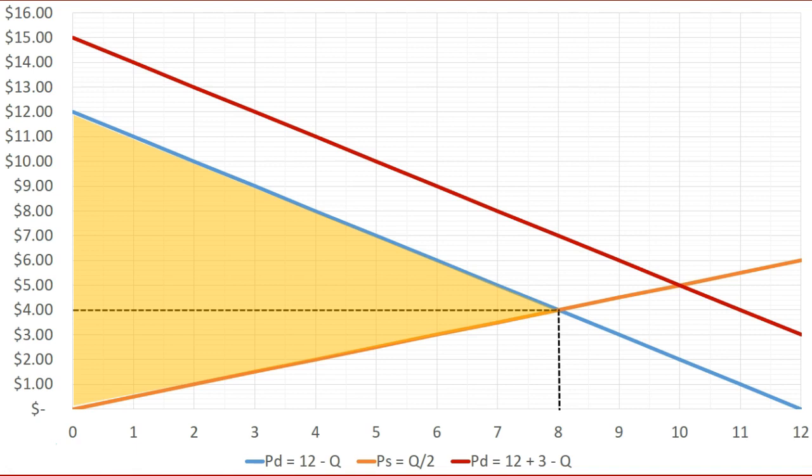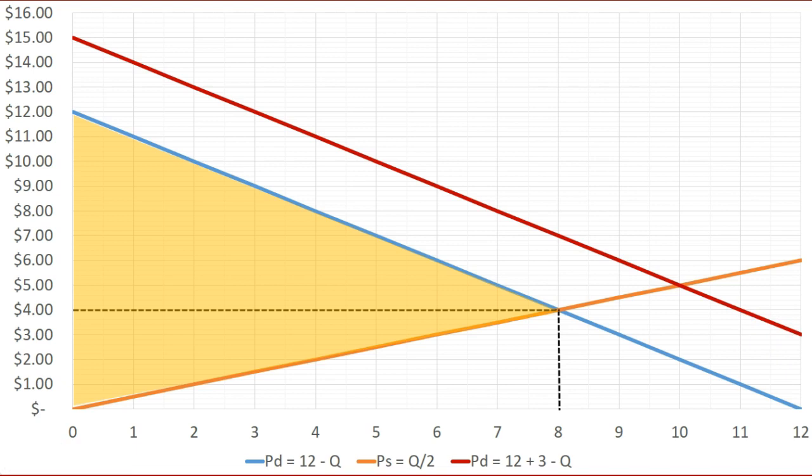Okay, so consumers are willing to pay, at any given level of output, they're willing to pay $3 more because they have been given $3 more by the government per unit. Okay.